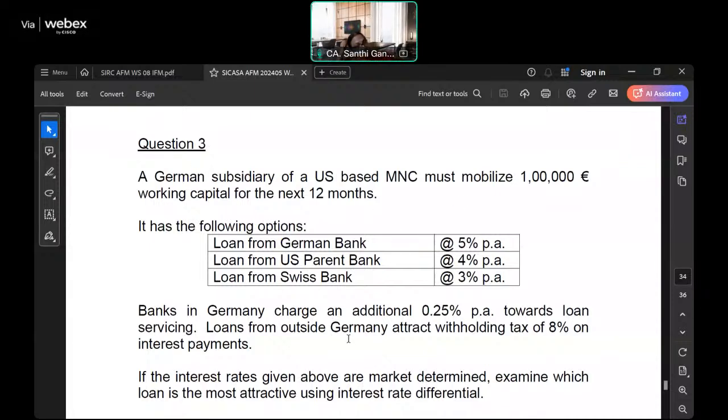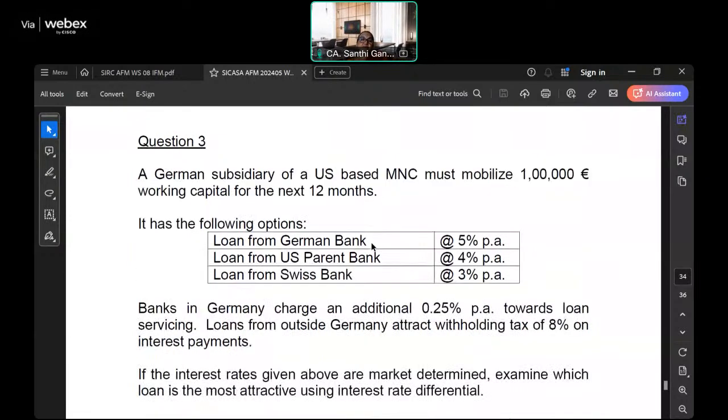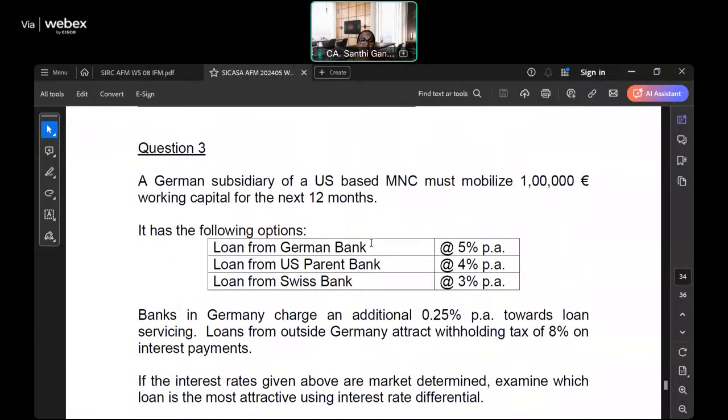Now let's try this. If the interest rates given above are market determined, examine which loan is the most attractive using interest rate differential. A German subsidiary of a US-based MNC must mobilize 100,000 euros working capital for the next 12 months.